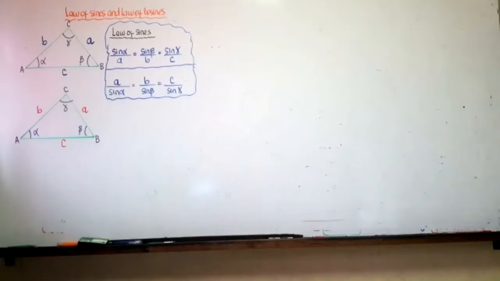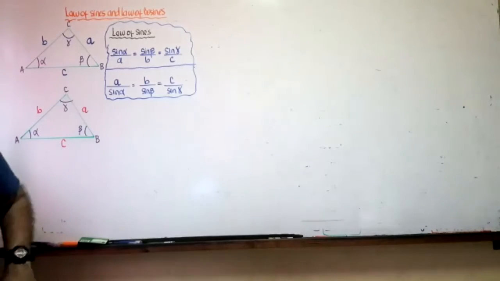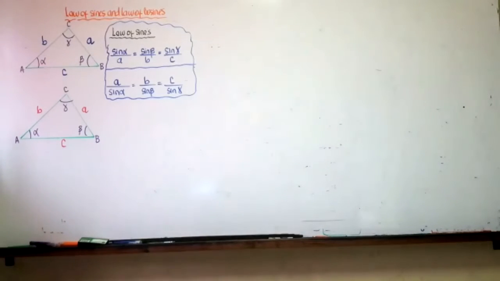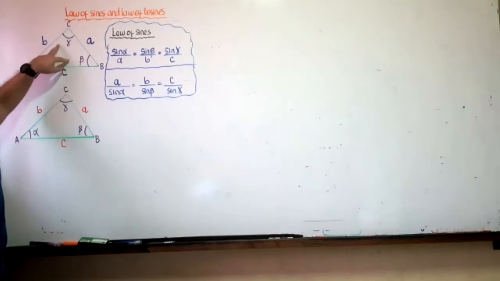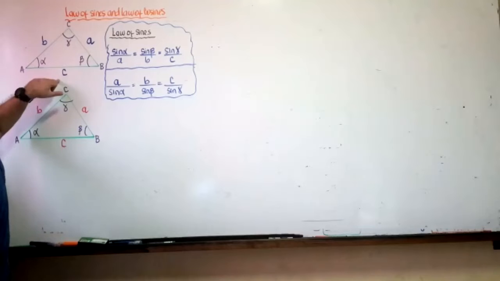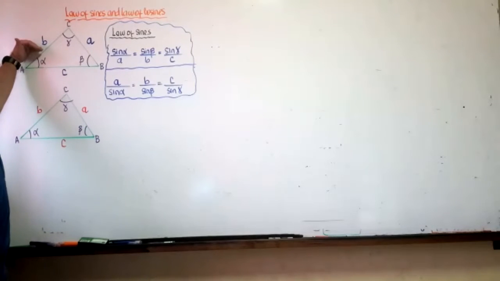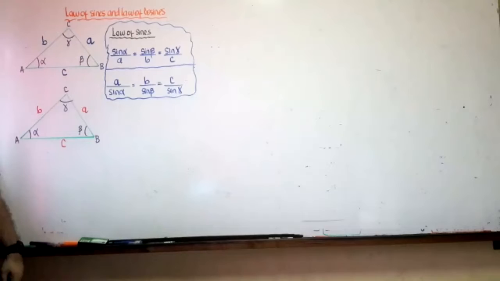But in this situation, the question is how we're going to use the law of sines and how we're going to use the law of cosines. Well, the answer is simple. The law of sines will be useful if and only if we know at least two angles and one single side, or two consecutive sides and one opposite angle.